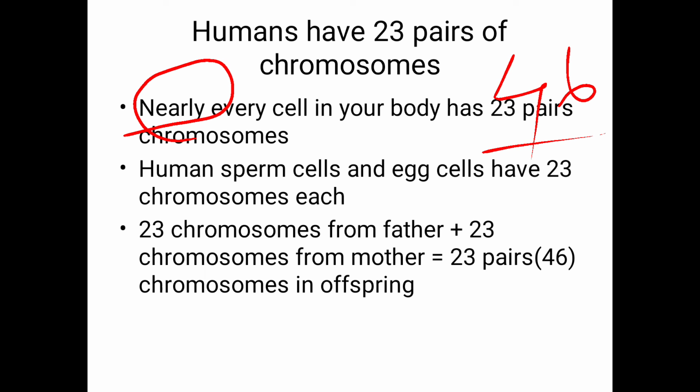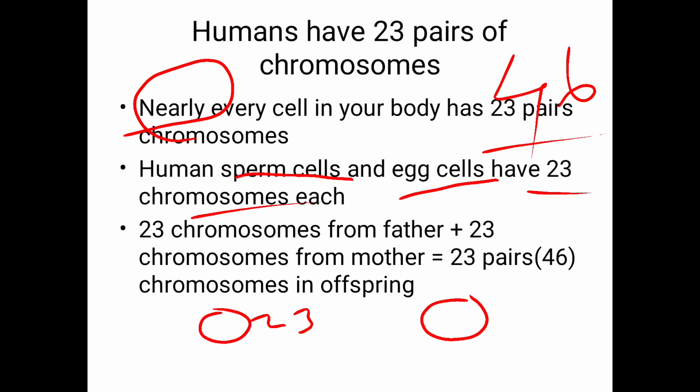Now, nearly every cell has 23 pairs of chromosomes, but human sperm cells and egg cells have 23 chromosomes each. Not 23 pairs, but 23 each. From a sperm cell we have 23 chromosomes, from an egg cell we have another 23 chromosomes.